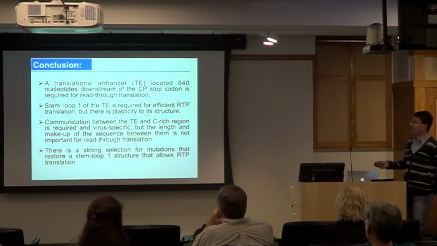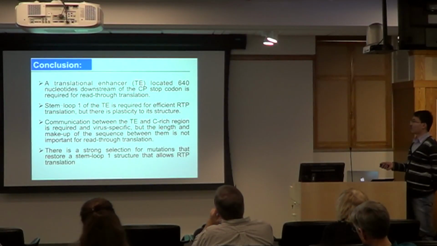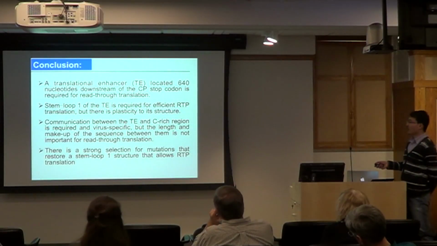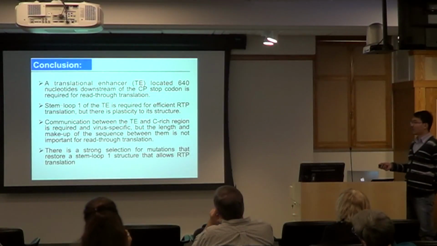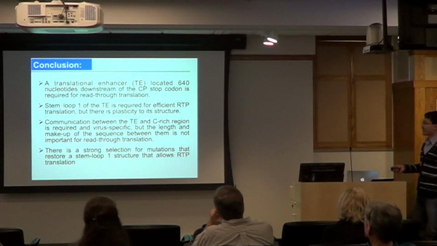Here is the conclusion of part 1. A translational enhancer located 640 nucleotides downstream of the CP stop codon is required for readthrough translation. W1 of the translational enhancer is required for efficient RTP translation, but there is plasticity to its structure.